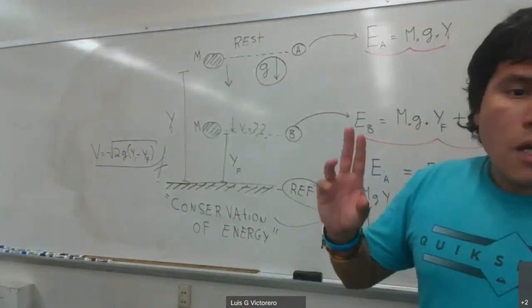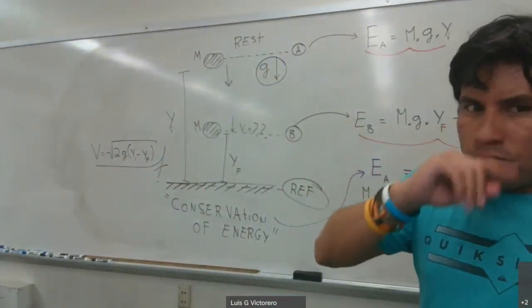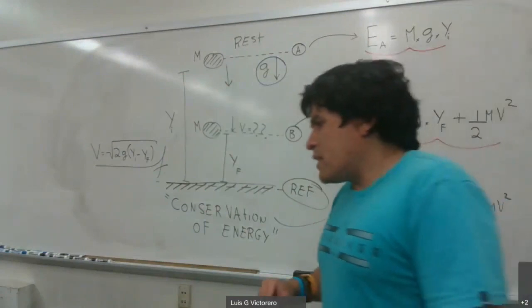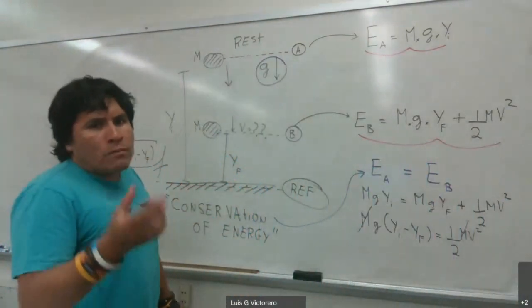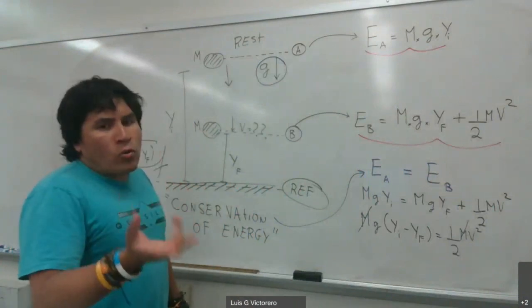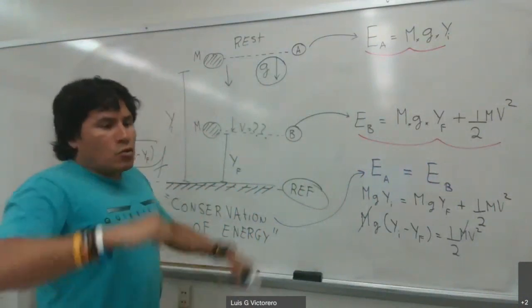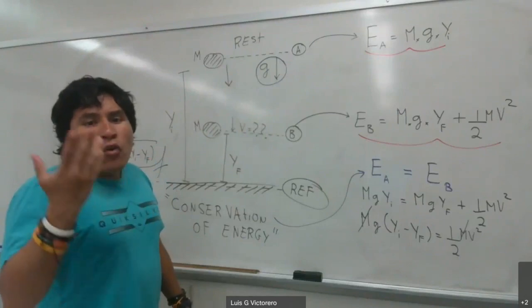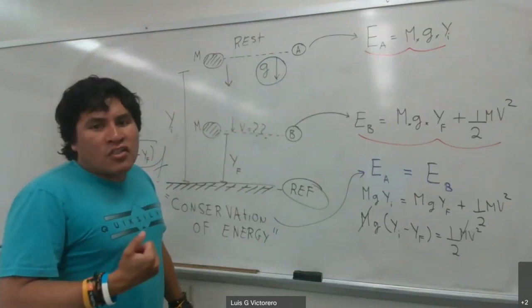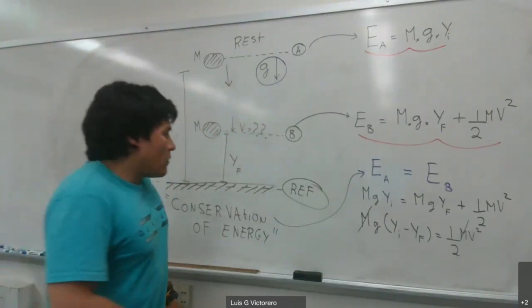Now, let's take a look at this. There is a question in the slides that says you have a rock with mass m and another rock with mass 2m, and you drop them from the same height. Which one will have the highest kinetic energy as they strike the ground?